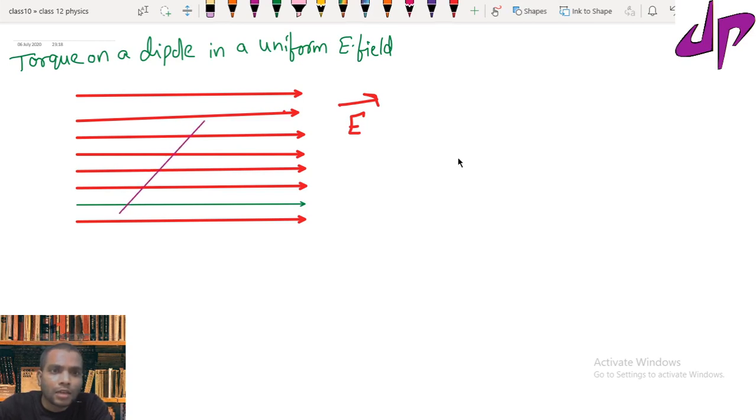This is the electric dipole which I kept in this electric field in an inclined direction. Here is one charge and here is another charge. This is the negative charge and this is the positive charge. The dipole length we are using is 2a.